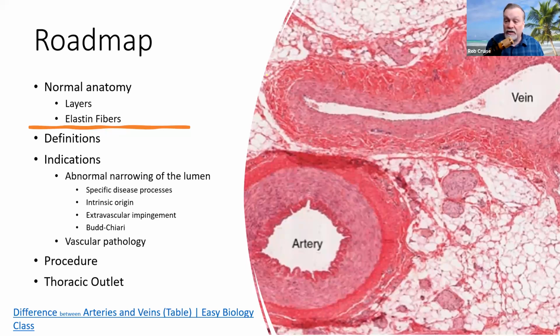We're going to look at intrinsic and extravascular impingement. So intrinsic, extrinsic forces that require us to go in and balloon and stent a vessel. We'll also take a look at Budd-Chiari with a little more detail than the other ones. Vascular pathology, and the procedure itself, and the thoracic outlet. So that is today's agenda.